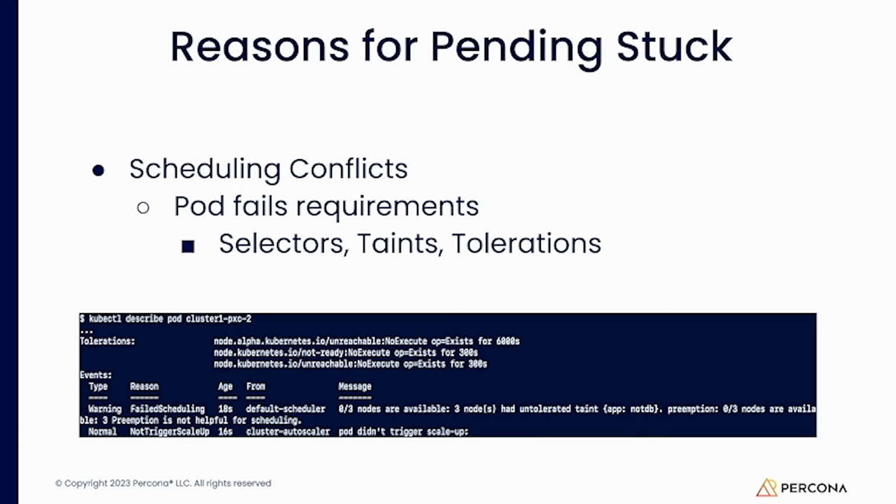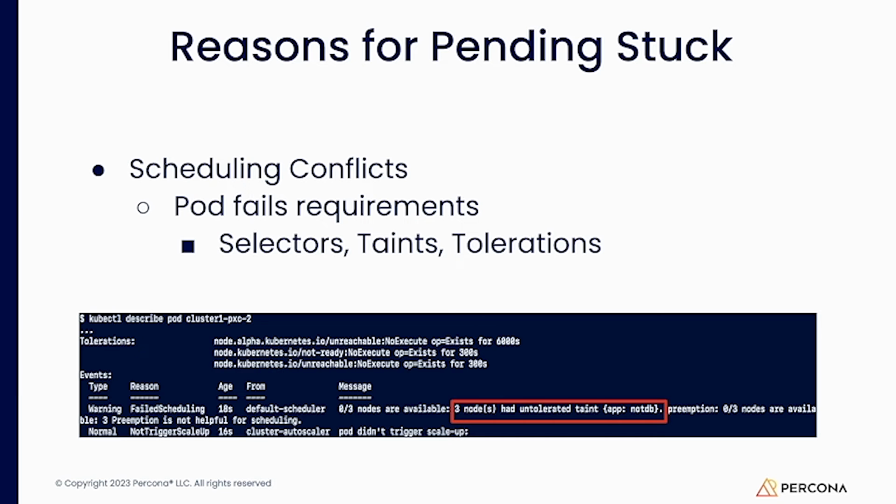There are other reasons for pending stuck, like scheduling conflicts. These happen when a pod fails one requirement, most likely related to selectors, taints, and tolerations. In this case, you can see in kubectl describe pod that the pod had an untolerated taint, which is from the worker node.